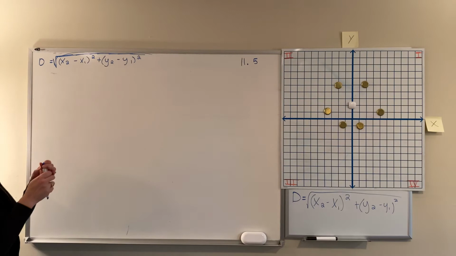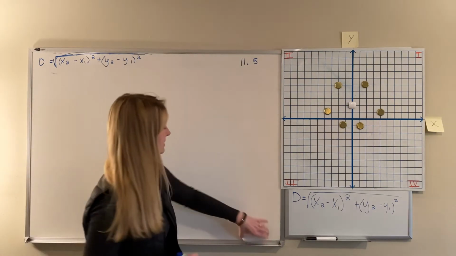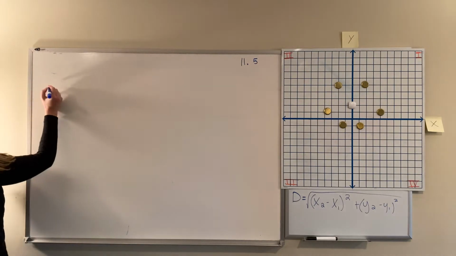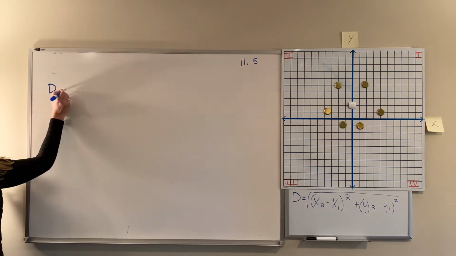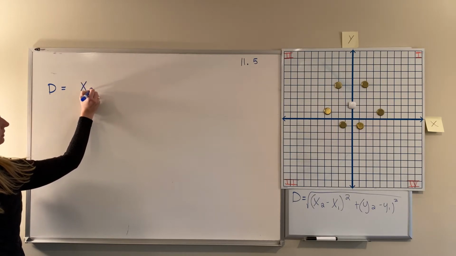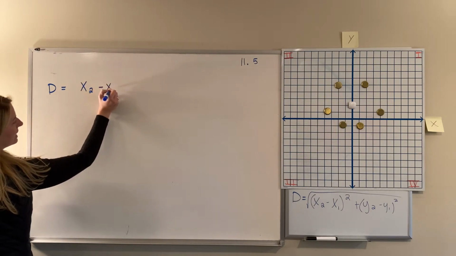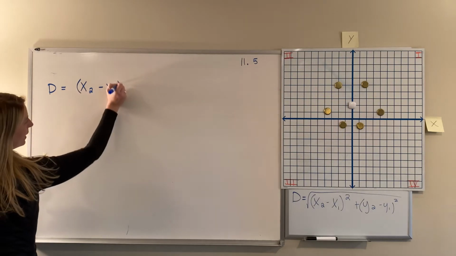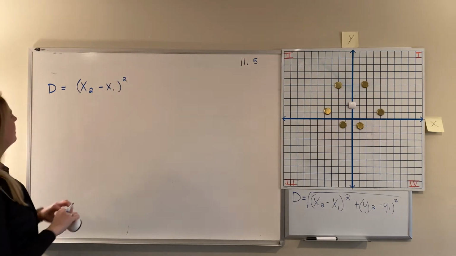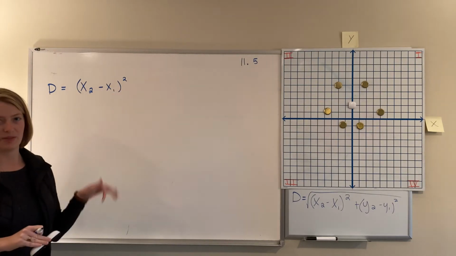So, just to elaborate on what the distance formula is, where D represents distance, distance is equal to your change in x values, so x2 minus x1 squared. Because the difference in your x's represents your first leg, and you square your legs in the Pythagorean theorem.